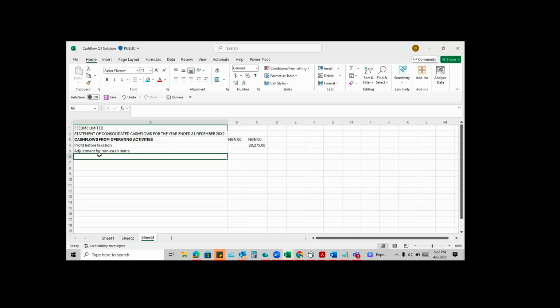Part of the things I should make adjustments for is the interest expense. Why interest expense? The interest expense is an accrual of the interest that we ought to pay during the year. And they will usually call it finance cost. They may not call it interest expense. They will largely at this level call it finance cost.